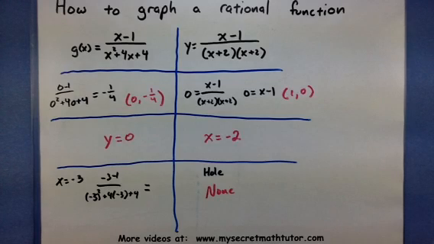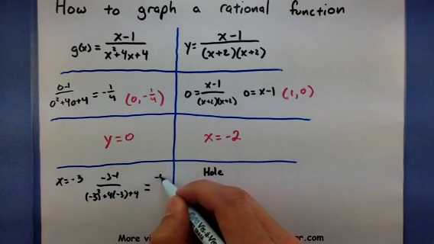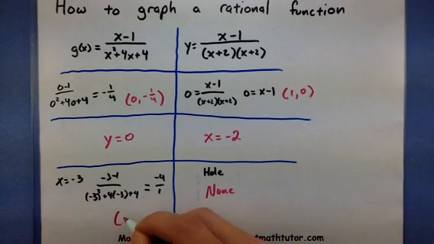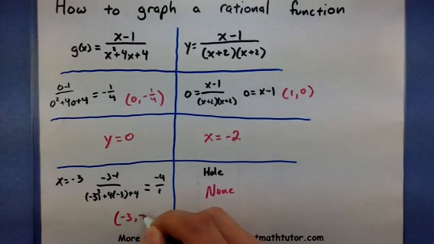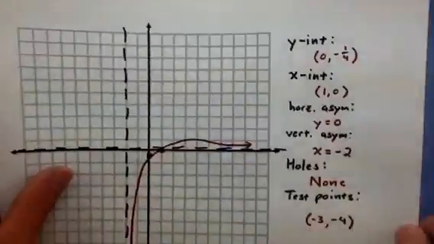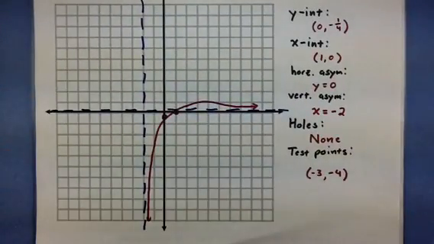Alright, let's see if we simplify all that. Looks like we just get a -4 over 1, or I can say that we know that it goes through the point (-3, -4). Let's put that on our graph as well. Let's see how that will help us.